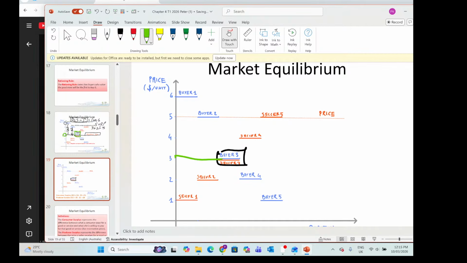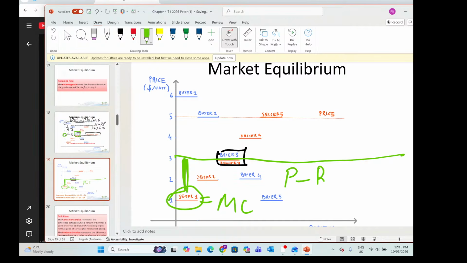Now, at the same time, we have to think about the sellers and their surplus. So we go to a clean slide. Here's our reservation price. Our first seller's marginal cost is 1. If they can get 3 for the product, we express it like this. We say there is the price of the product. We subtract the marginal cost or the reservation price, and that is called the producer surplus.